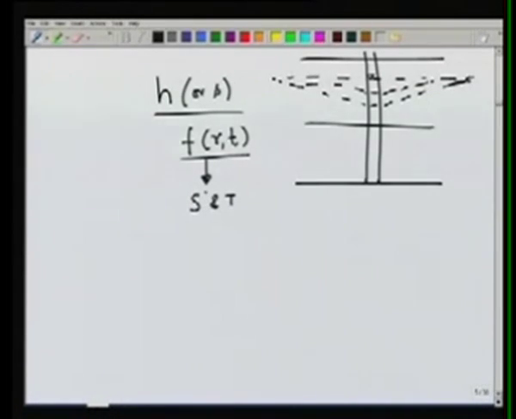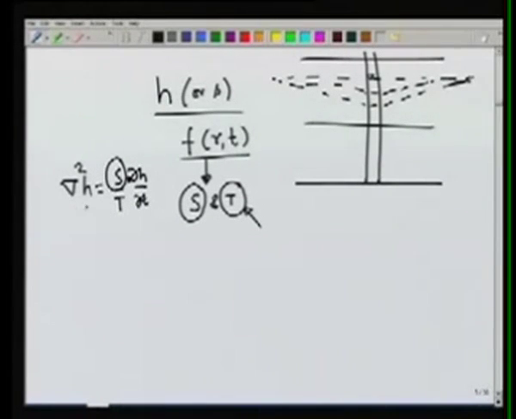As we have seen in the steady state case, we would be able to estimate the transmissivity but not the storage coefficient because of the nature of the equation. The term S affects the transient behavior, and if we assume a steady state, then there is really no effect of the storage coefficient because things are not changing with time, so the storage coefficient does not enter into the equation.